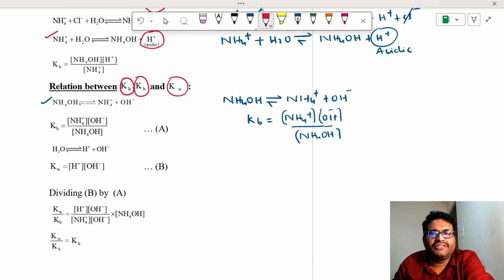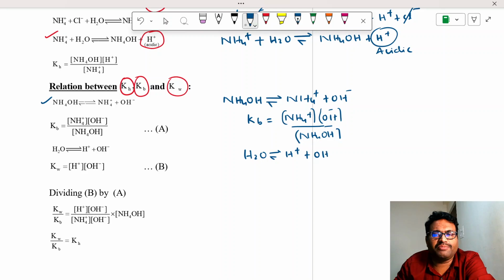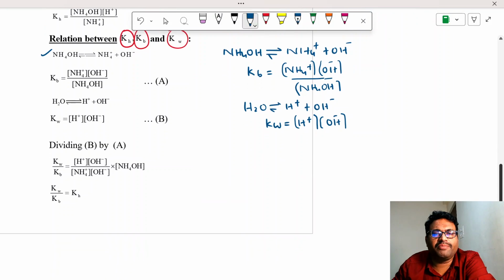Right? Now let us see this. H2O dissociates into H plus and OH minus. For this, what do we write? We write the ionic product of water. Ionic product of water is written as H plus into OH minus. Already we have studied what is meant by ionic product of water.